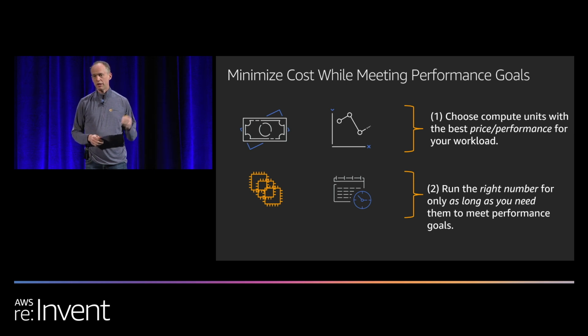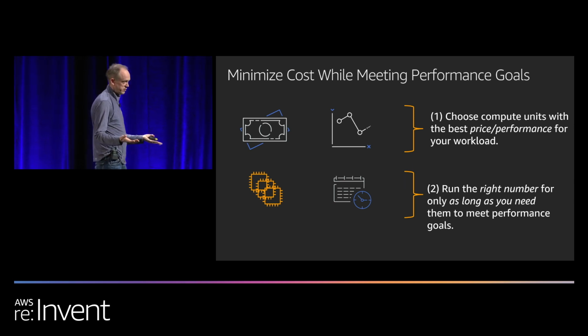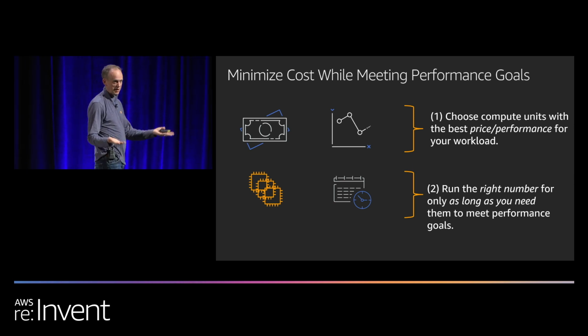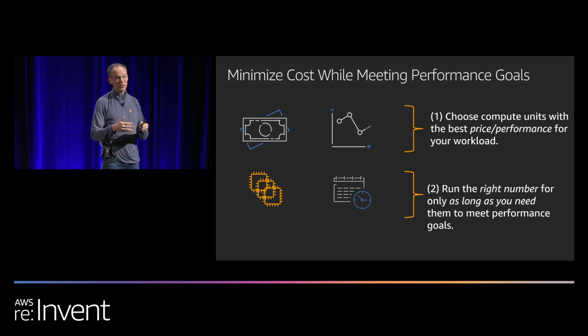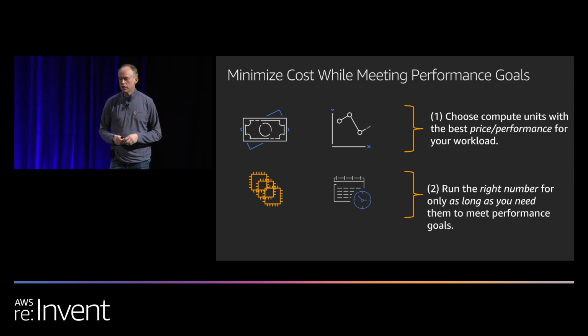Because if I look at a C5 16-inch large on-demand instance and a C5 16-inch large that's a spot instance, the performance is exactly the same. There's no difference between a spot instance and an on-demand instance in terms of how it performs, with the exception of the fact that you might lose the spot instance and have it be reclaimed.